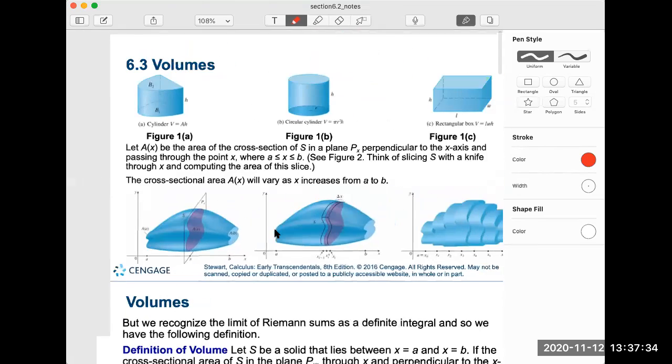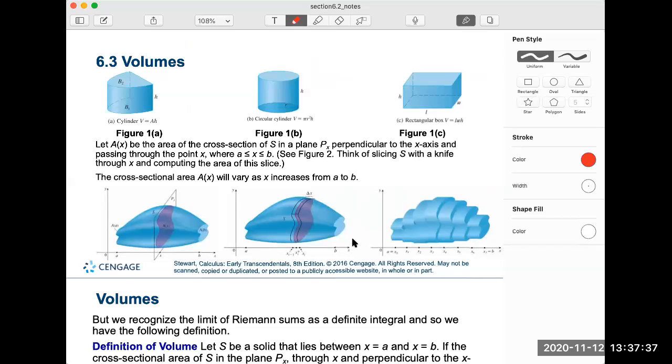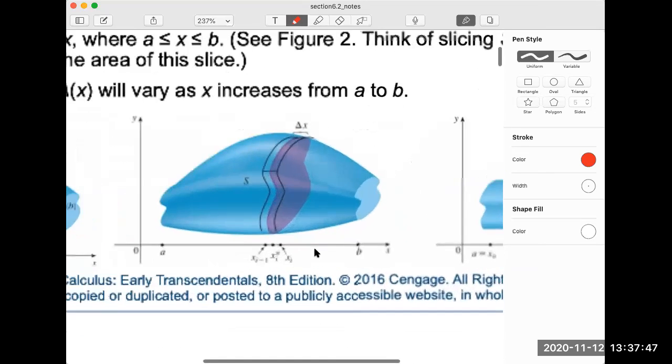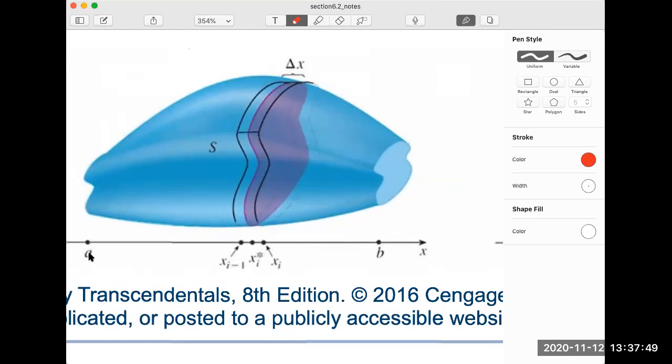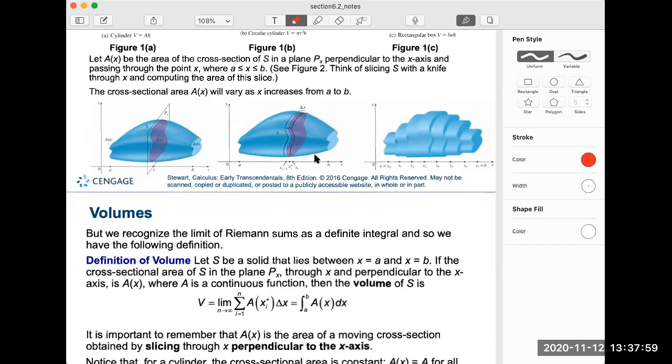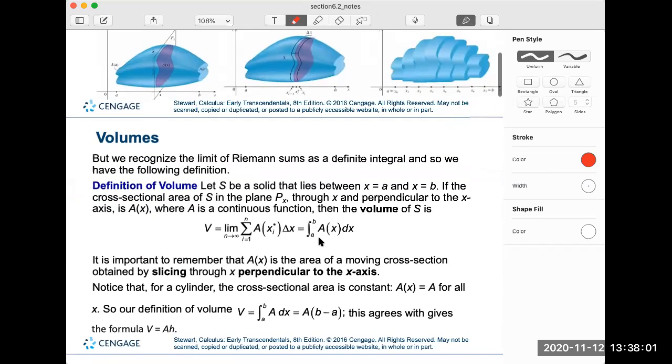And the same idea is a Riemann sum of n terms, right? If we discretize the interval from a to b into very small pieces, we take the integral from a to b of the area S multiplied by delta x. This will give us the volume.